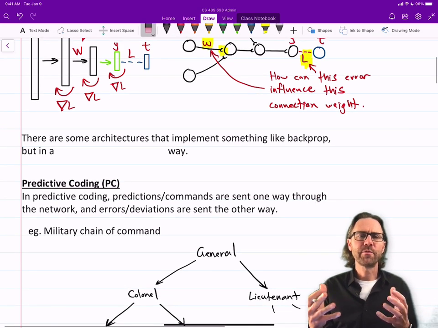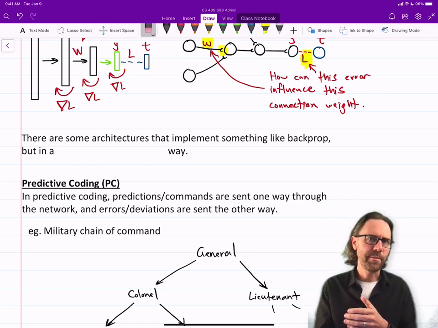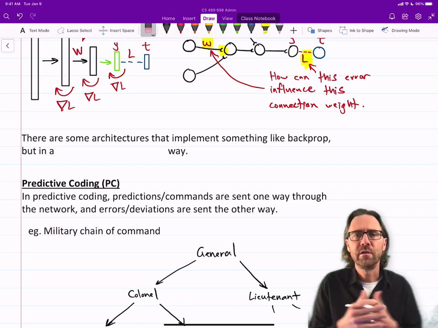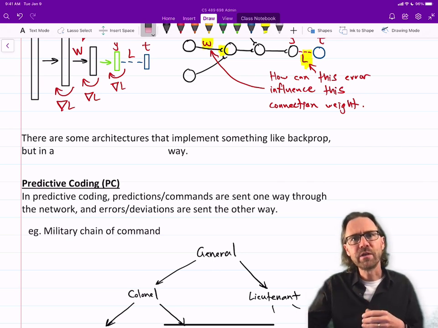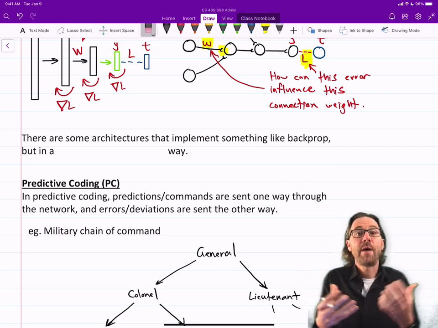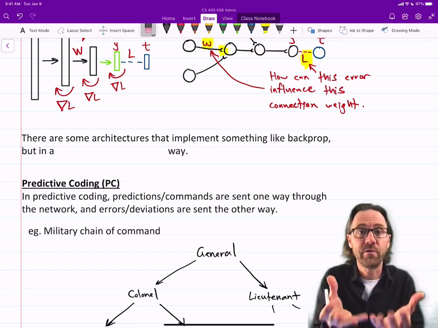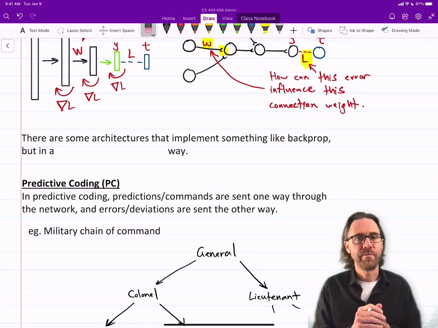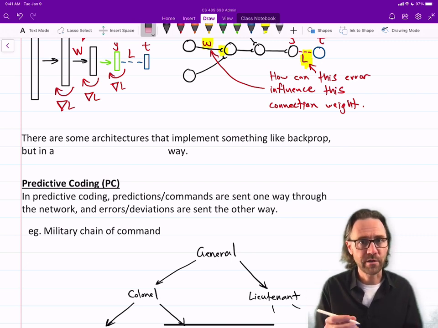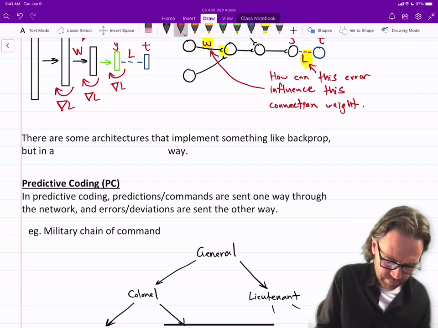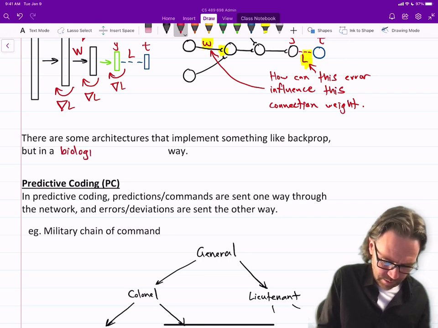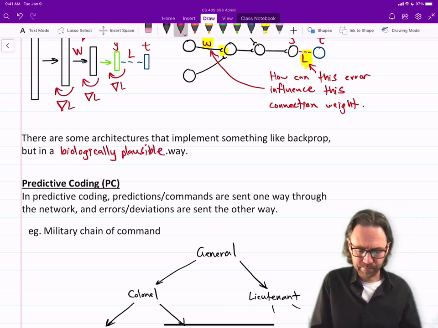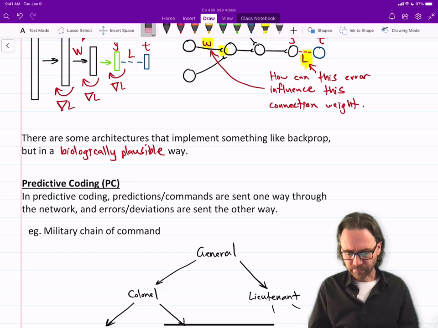If we can come up with a learning rule that doesn't require us to copy weights across the network, and for which we don't have to use information from far away in the network, and somehow the gradients can be delivered to where they need to be used, that type of network we call biologically plausible.